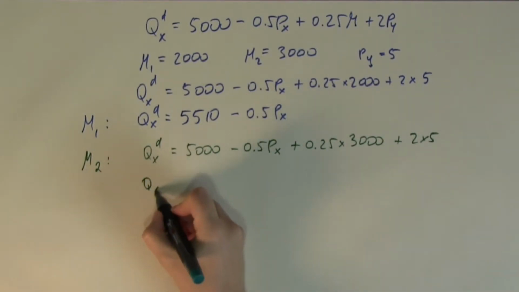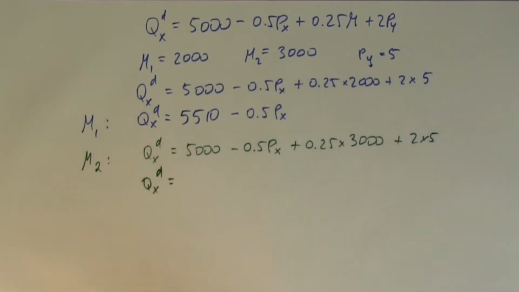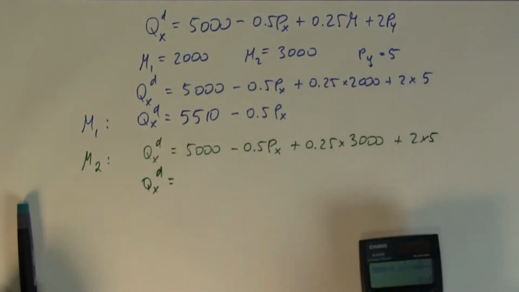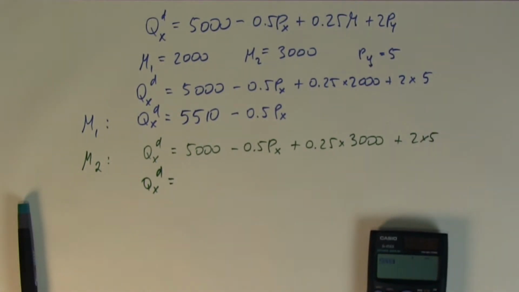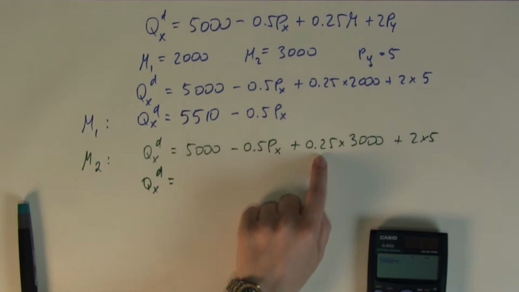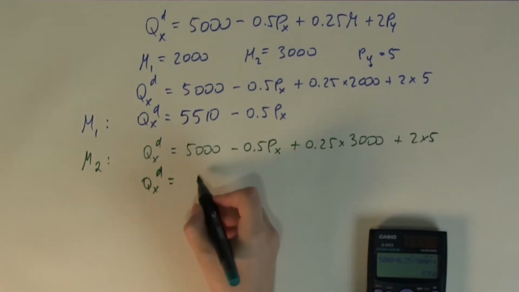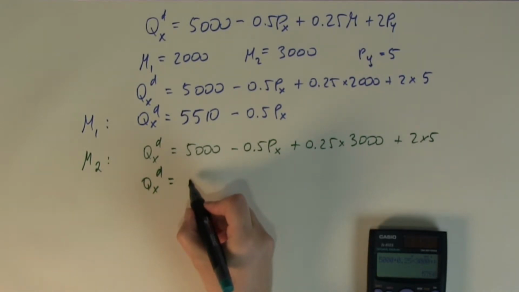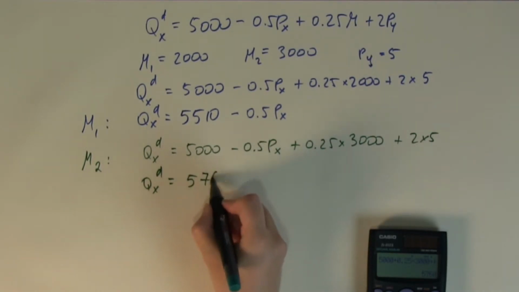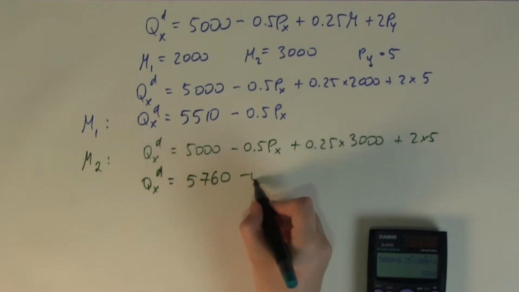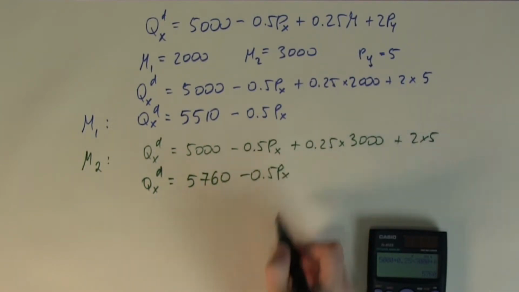So I can again pick up the calculator and calculate all the numbers. And that altogether will give me 5760 minus 0.5Px.